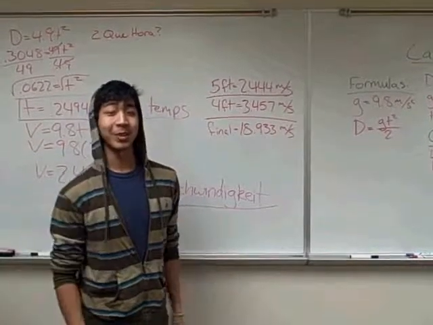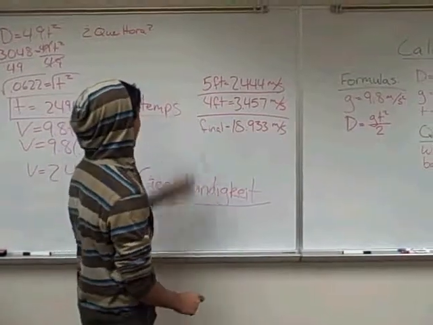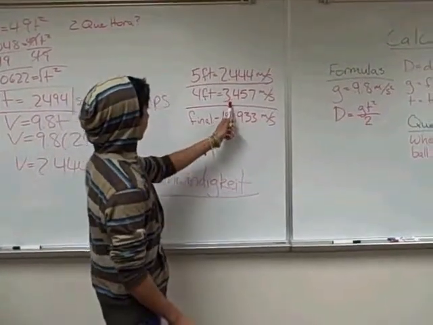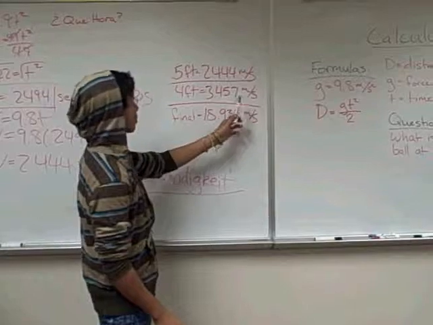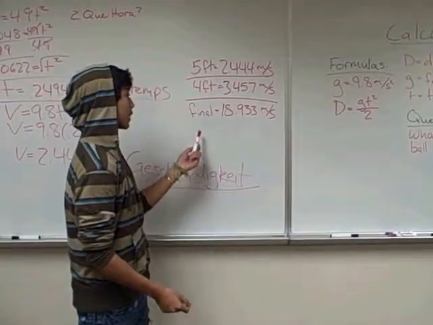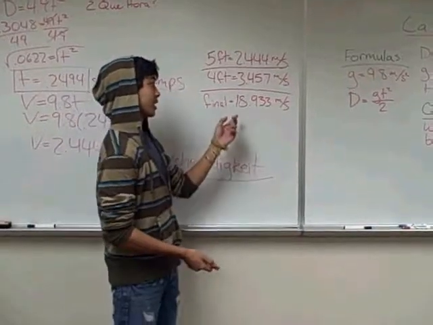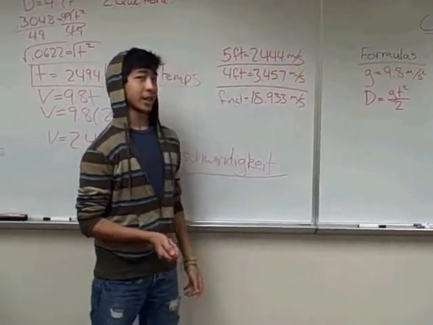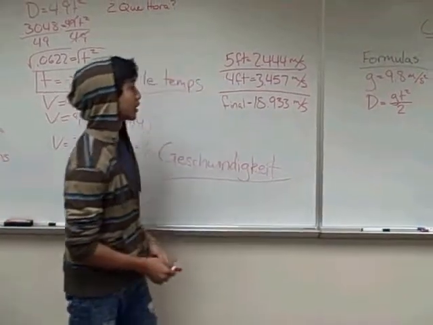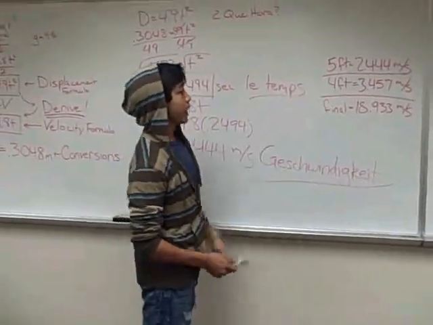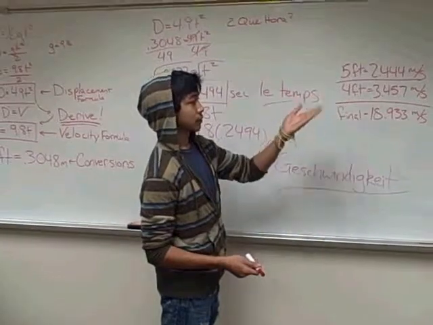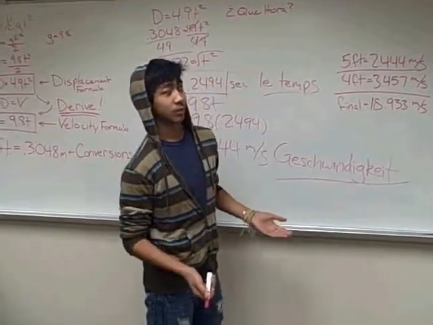To save some time, I'm not going to do the other two. At 4 feet, you'd get 3.457 meters per second. And your final velocity, which is at 6 feet since it was a 6 foot drop, you'd get 18.933 meters per second. At 4 feet it would be a 2 foot drop, 6 minus 4.